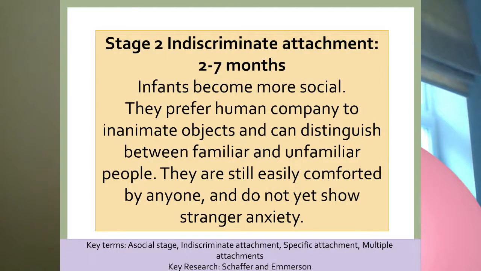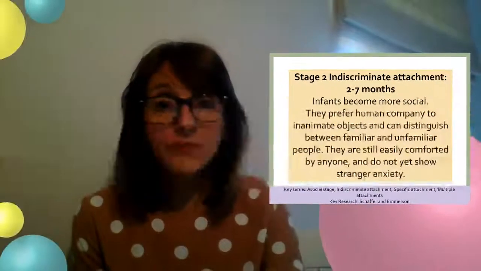So even though they can distinguish between a parent and someone they've never met, this person that they've never met can still comfort them. They're not worried about being around strangers at this moment in time.